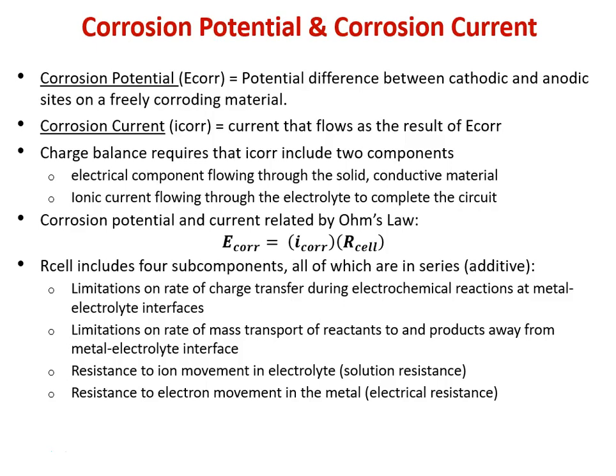We can do the same thing with the resistance to charge transfer in a corroding system. Now that resistance has a lot of different sources that we'll go over, but we can lump that resistance to charge transfer and resistance to progress of an electrochemical reaction together into something that we can treat like an electrical resistance.